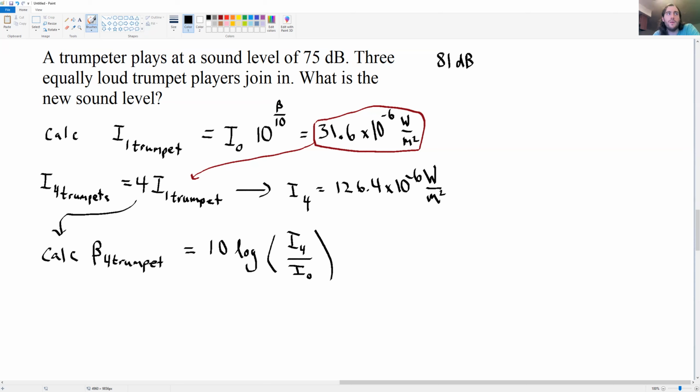And again, we have all of this information here, so we simply need to plug it into a calculator. So just make sure that when you plug it in, you have your parentheses in the right spot.